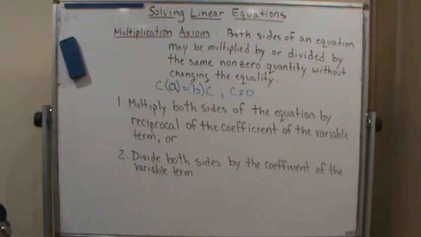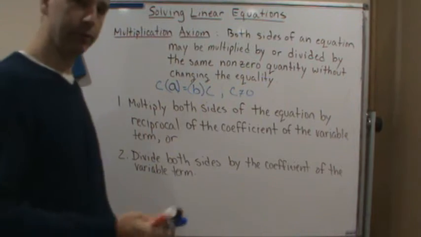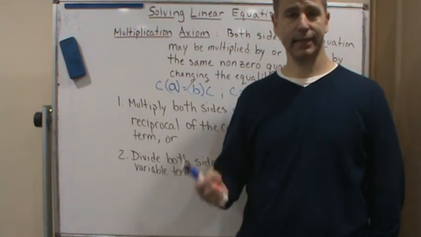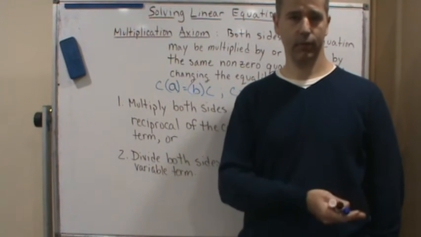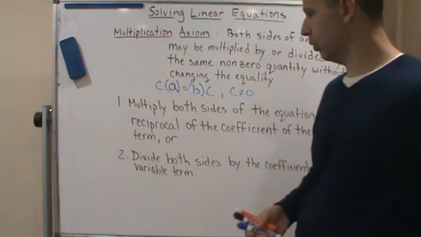So how do we use that to solve equations? Remember, what's the goal of solving a linear equation or any equation? It's to isolate the variable on one side, get everything else on the other side of the equal sign. So how do we do that?